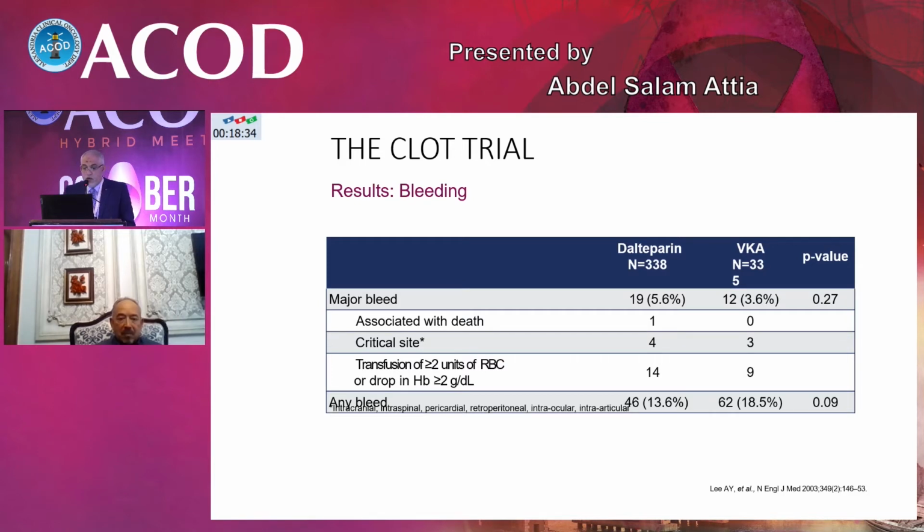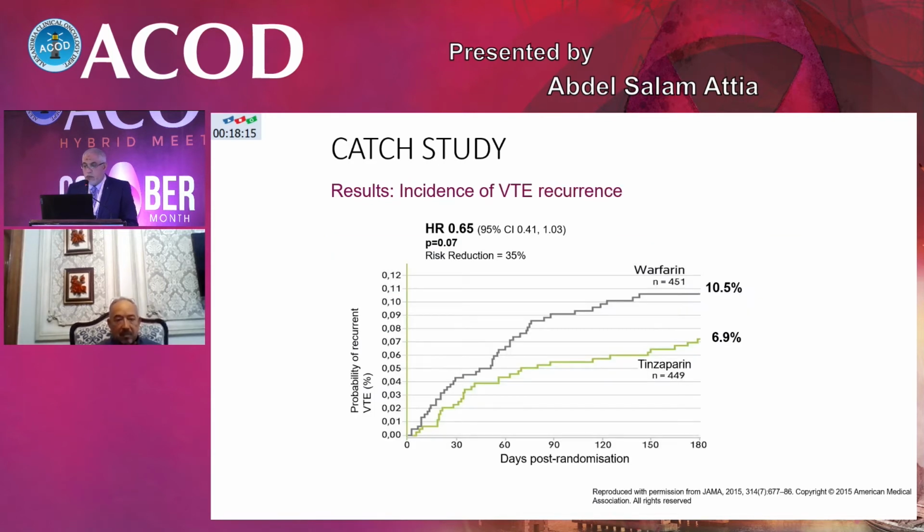The association of major bleeding is higher in patients who receive the oral vitamin K anticoagulant compared with injection low molecular weight heparin. And also the incidence of recurrence is markedly higher in patients receiving warfarin compared with patients receiving low molecular weight heparin. The hazard ratio is 0.65.